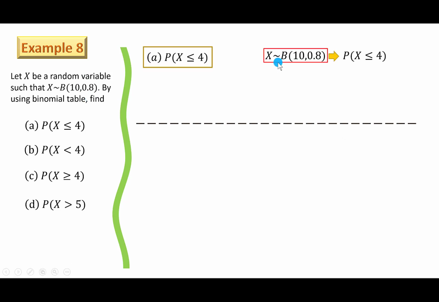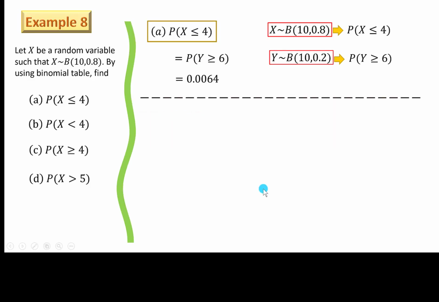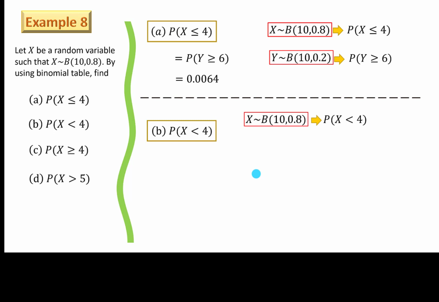First, for random variable X, the probability X less equal than 4, if we change into the Y variable, it becomes Y greater equal than 6, because 10 minus 4 is 6. So we use this probability. We use the Y random variable, so we find the answer in the binomial table by using P 0.2. We get the answer 0.0064.